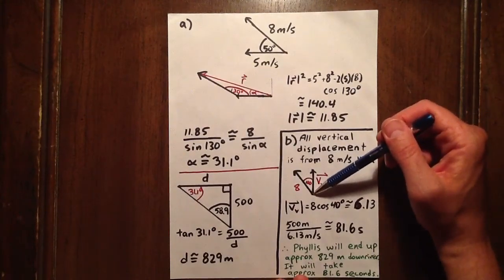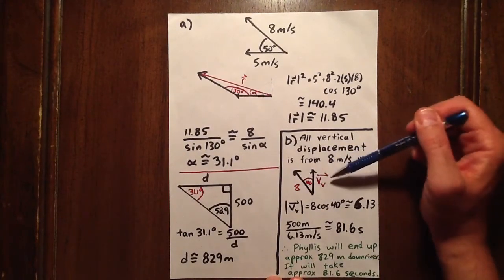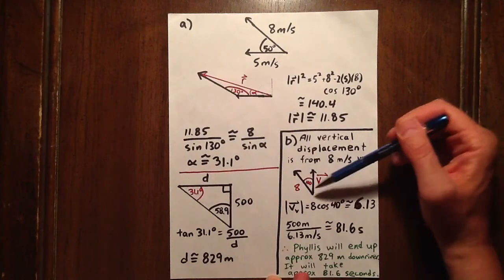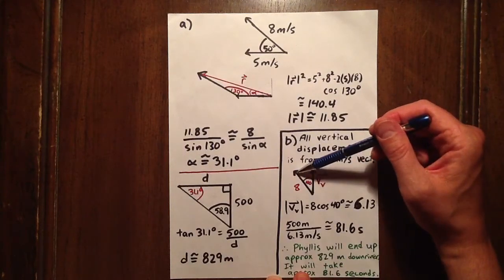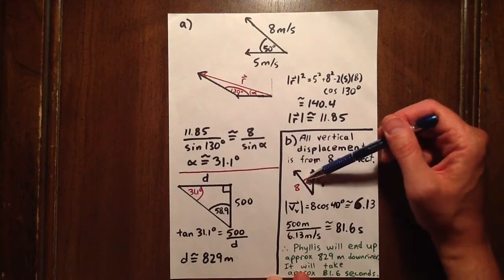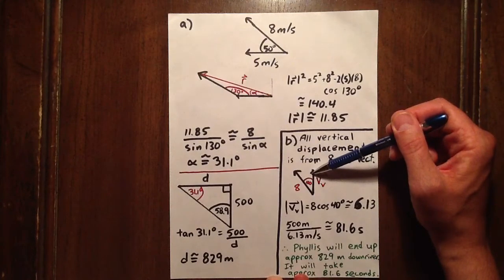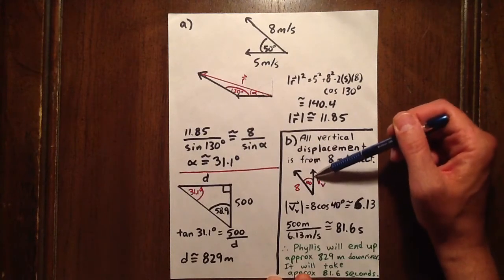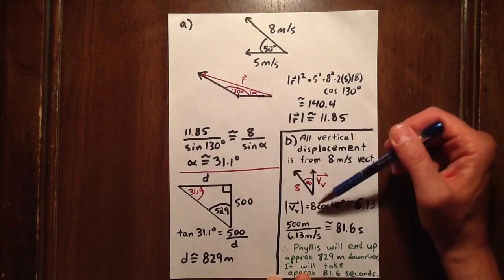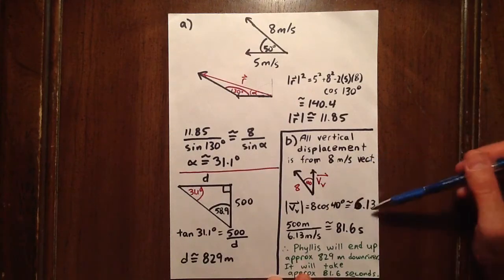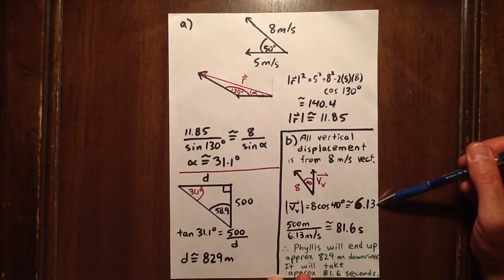We have a vertical velocity magnitude that we're looking for. We have 8 meters per second here. That's like our hypotenuse of our right angle triangle, and we have a 40-degree angle. We know that this is 90 degrees, and so we can say that the magnitude of this right here is going to equal 8 cos 40 degrees, or in other words, approximately 6.13.